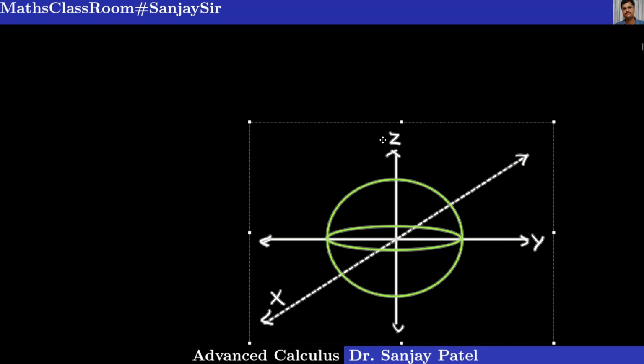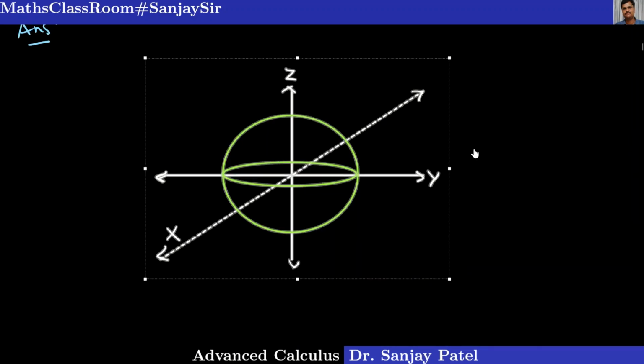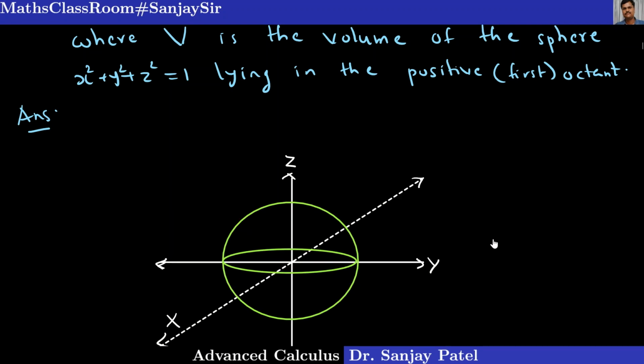Now in this you can see our region of integration is only this much, lying in the first octant. So I can consider this way. This is positive x-axis, positive y-axis and z-axis.